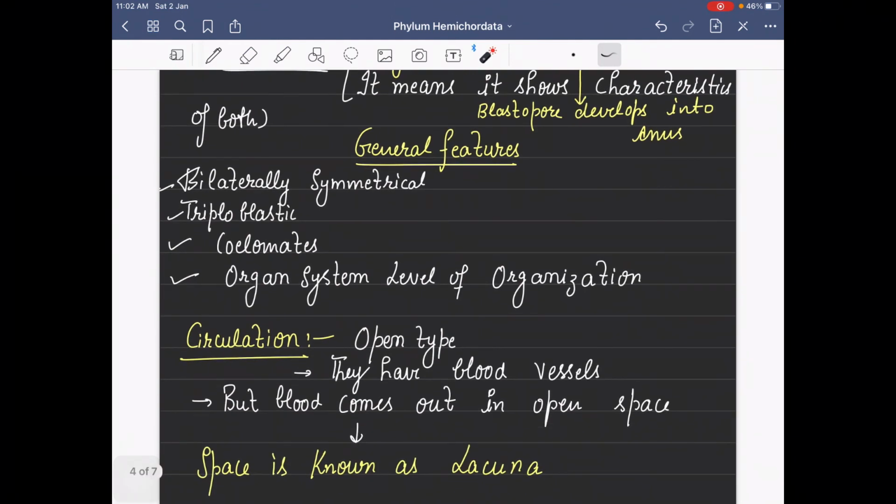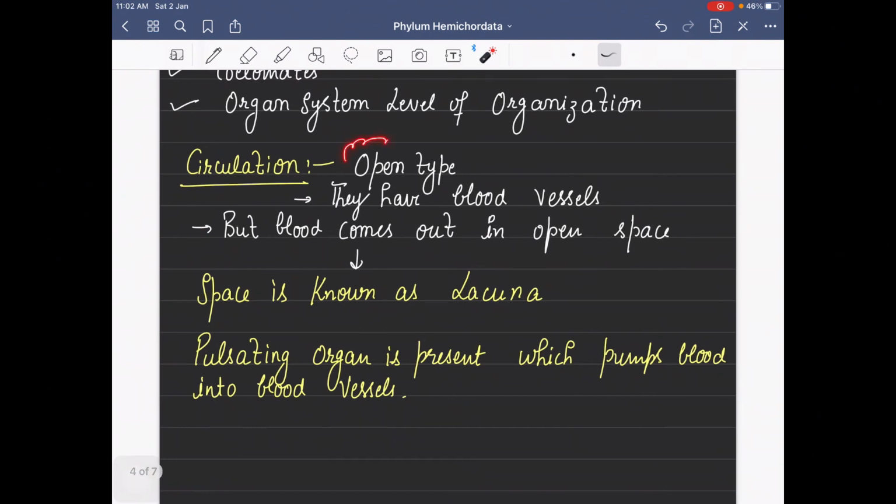If we talk about their general features, they are bilaterally symmetrical, triploblastic, coelomates, and the level of organization is organ system level, because this is just the phylum before chordates. So all the features are highly developed.